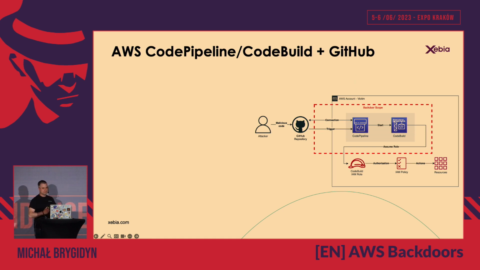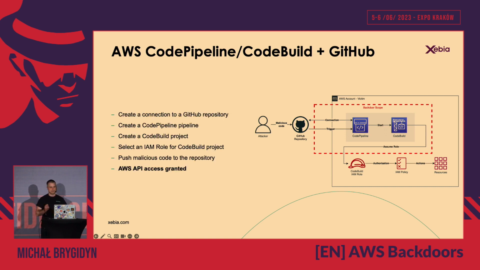Then let's jump to AWS CodePipeline and CodeBuild. I like using these two to automate my IAM-related pipelines on my accounts, my organizations, because then I don't need to give any external tool access to the most sensitive part of my infrastructure. But I can use the same to play with your accounts.